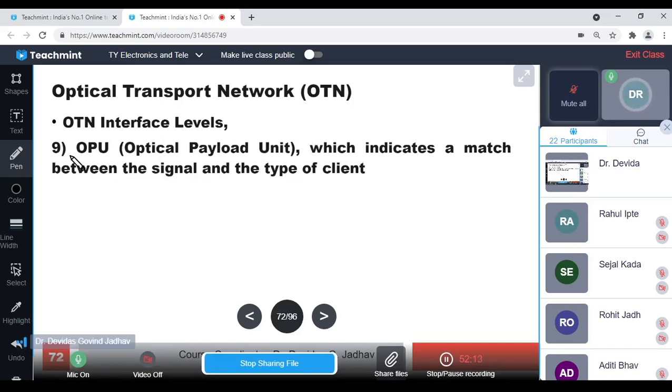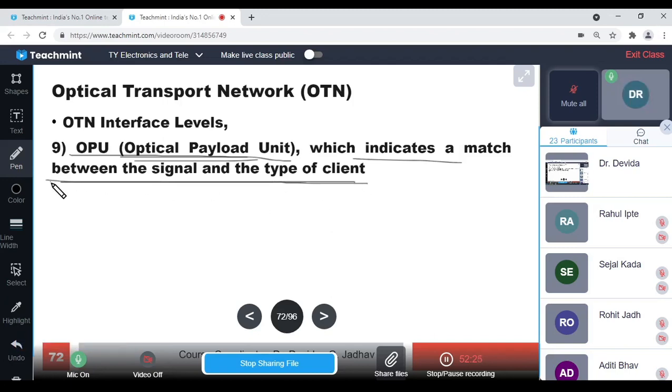So OPU is the optical payload unit. As its name suggests, it is a payload unit, that is, the data payload, which indicates a match between the signal and the type of the client. Whatever the type of signal, whether it is SONET or ATM etc., and the type of the client, which is the protocol or application of the client, that is matched by the OPU.